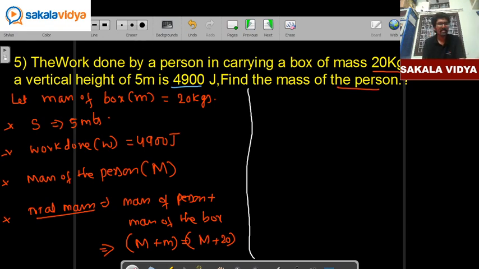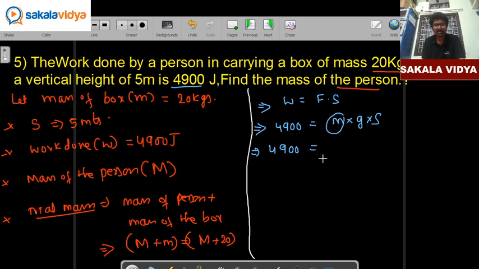So what is our basic formula? Work done is equal to force into displacement. So what is the work done given in the question? That is nothing but 4900 joules is equal to m into g into s. Simply 4900 is equal to, so what is the total mass? Total mass is nothing but capital M plus the mass of the box, that is 20, into 9.81 into displacement.